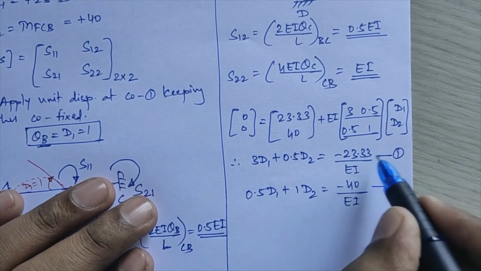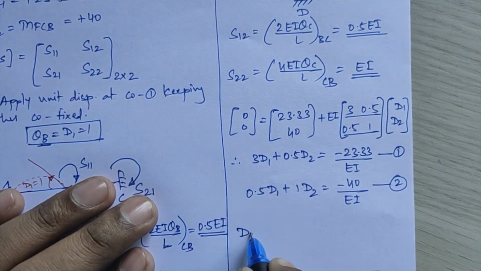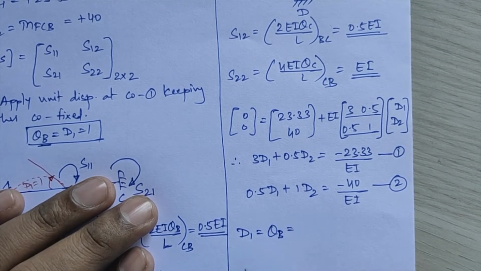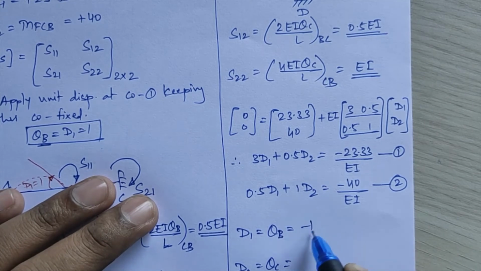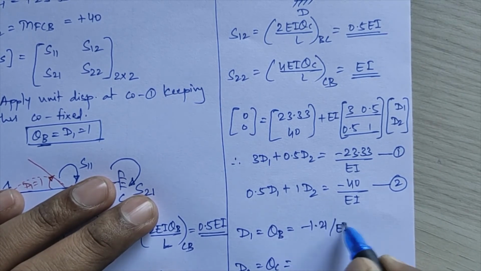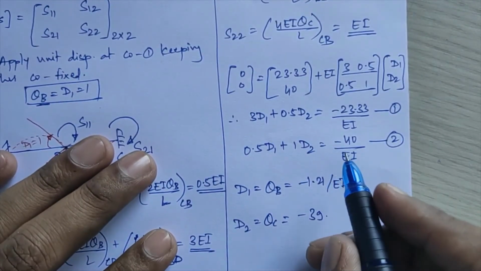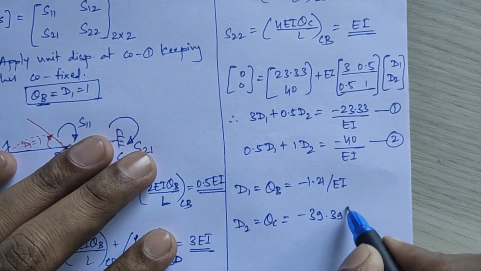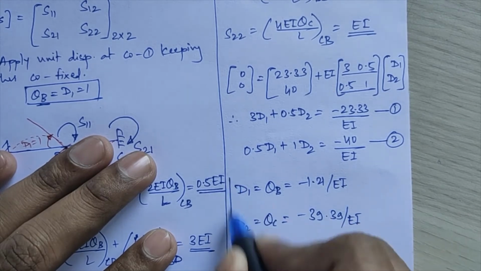Okay, so on solving this equation 1 and 2, I have got D1, that is nothing but your theta B, and D2, that is equal to theta C, as minus 1.21 divided by EI, and this as minus 39.39 divided by EI.